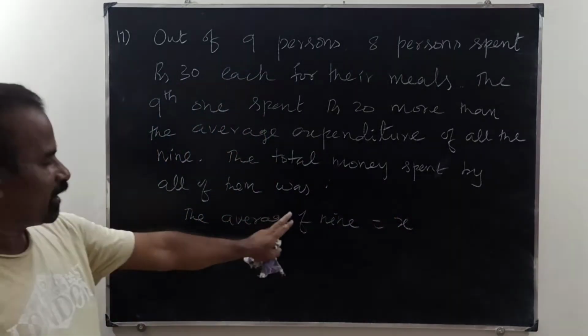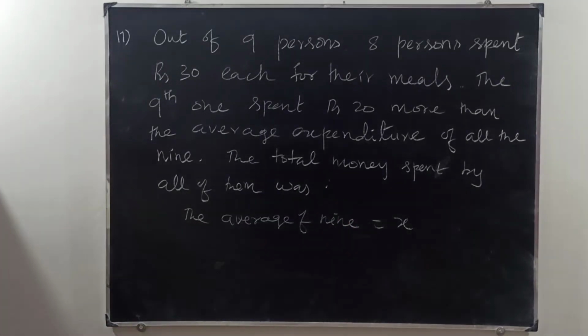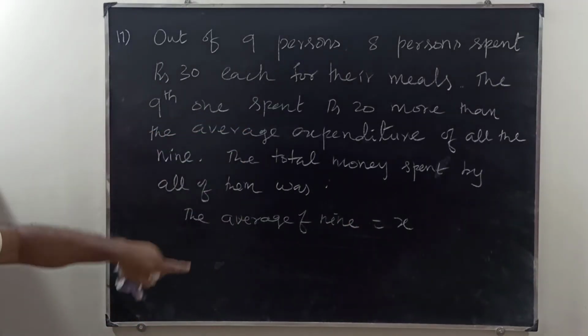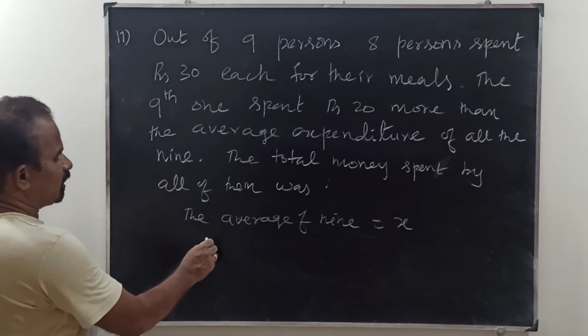The average expenditure of the 9 persons is equal to x. 8 persons spent rupees 30 each, so 8 into 30.